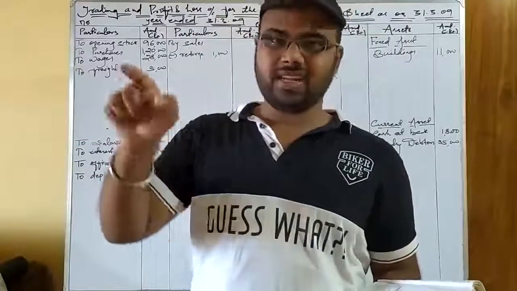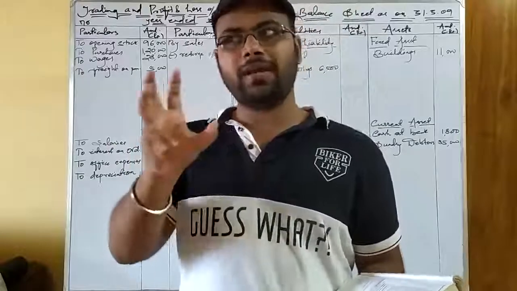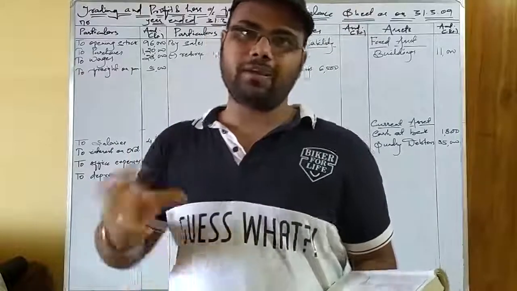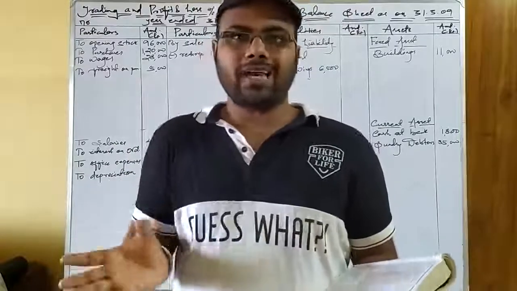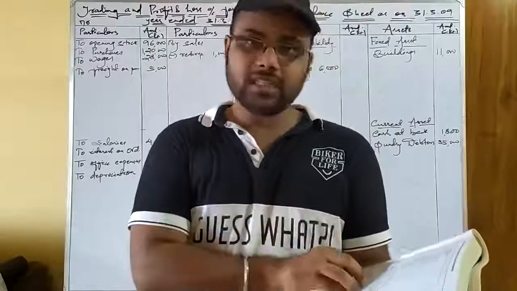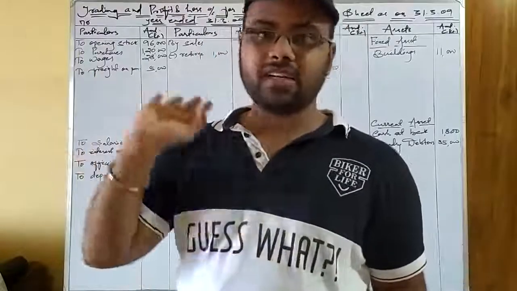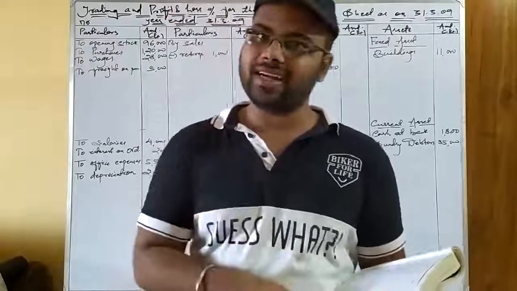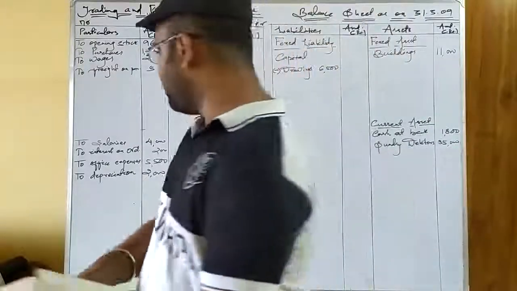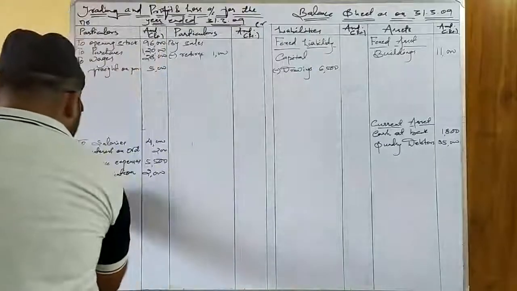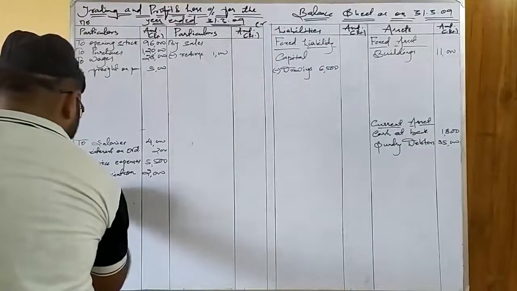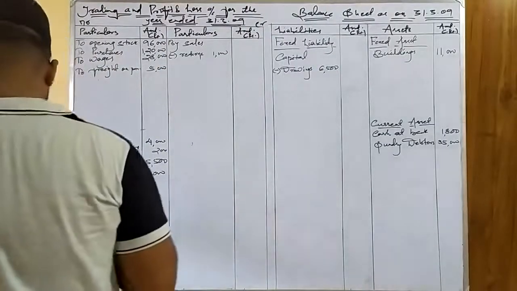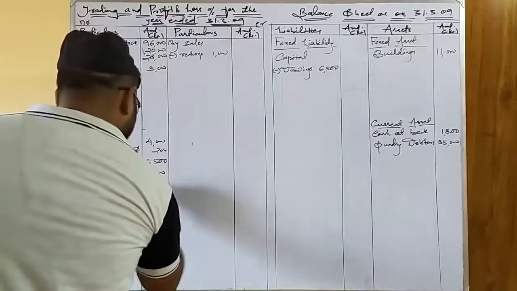Why is carriage taken as direct expense? Because carriage is made on purchases. Selling expenses may be made or may not be made. So we cannot go on assumptions. But here, unless the expenses are mentioned as made for the factory purposes, you should take all the expenses as indirect expense only. So rent is an indirect expense. We will write under profit and loss account. So rent given is 2400.